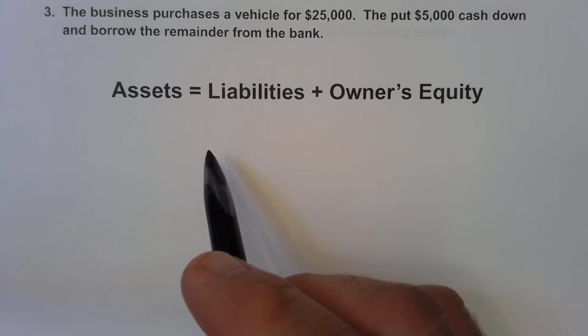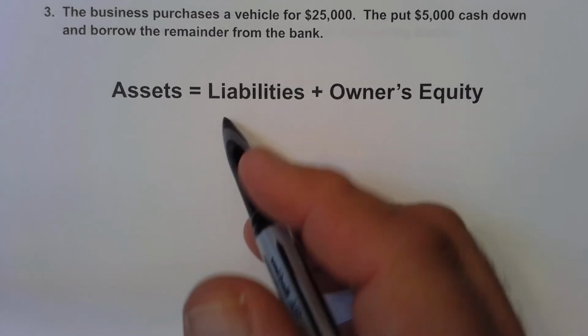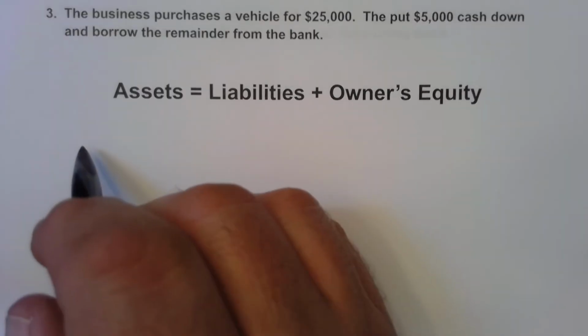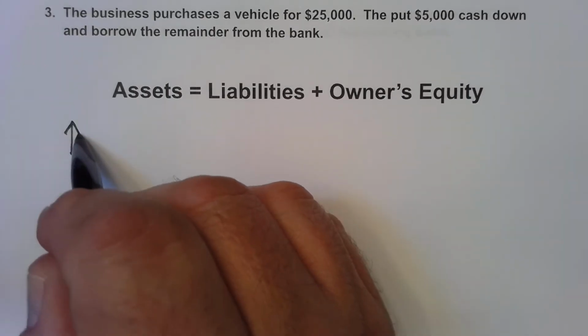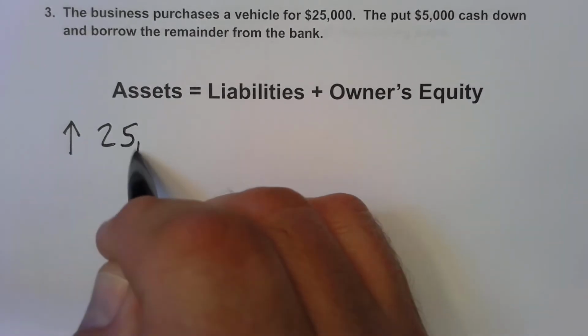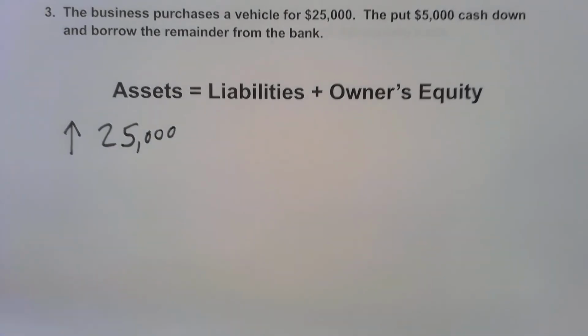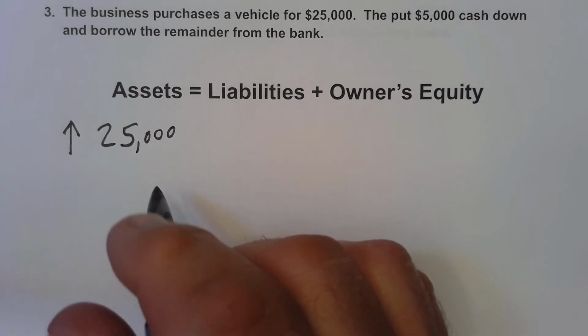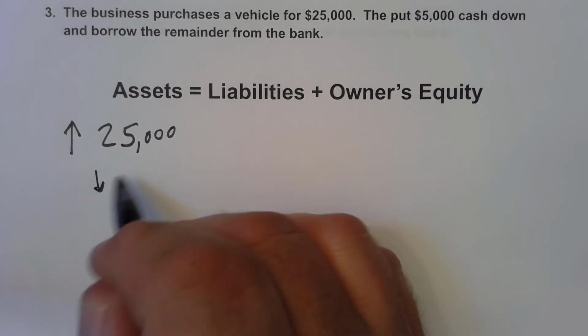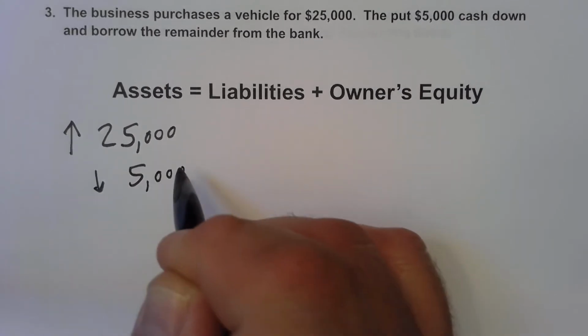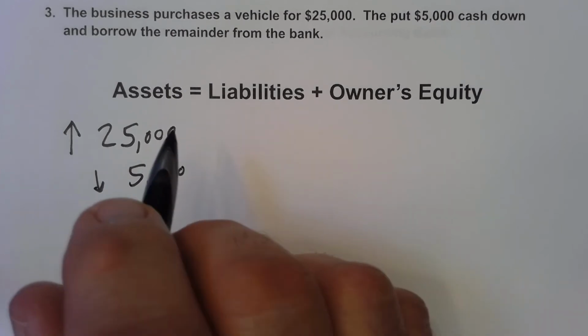The vehicle is an asset with a purchase price of $25,000. So our assets increase by $25,000. But that's not the end of the story. Our cash, which is also an asset, decreased by $5,000, which was the down payment.